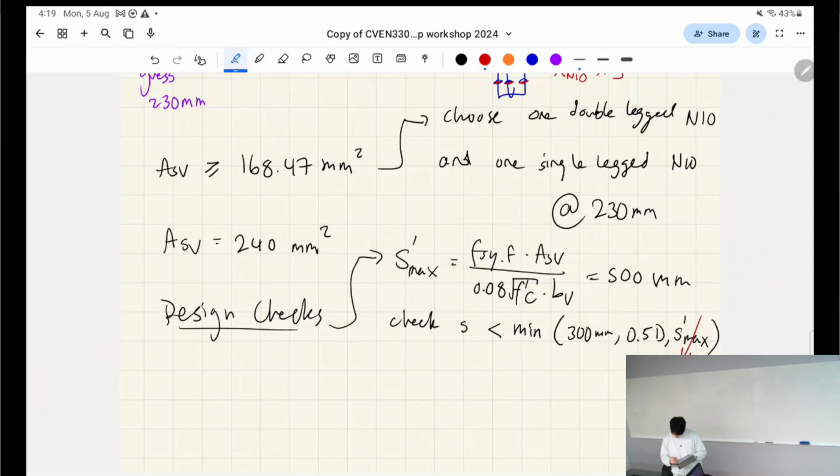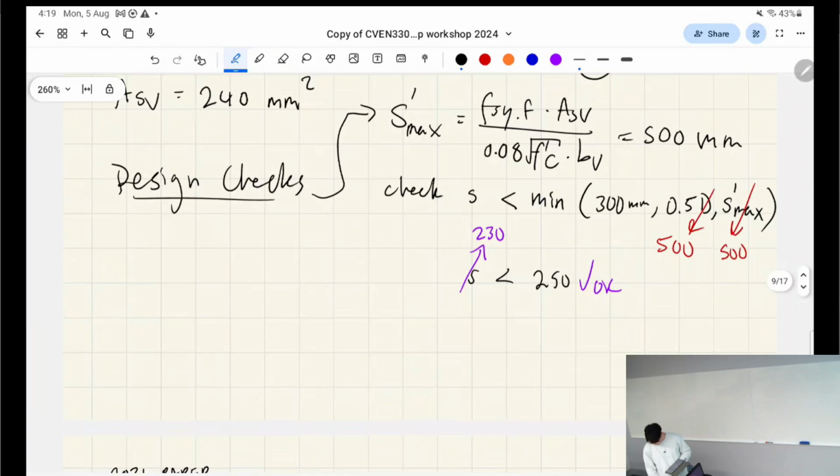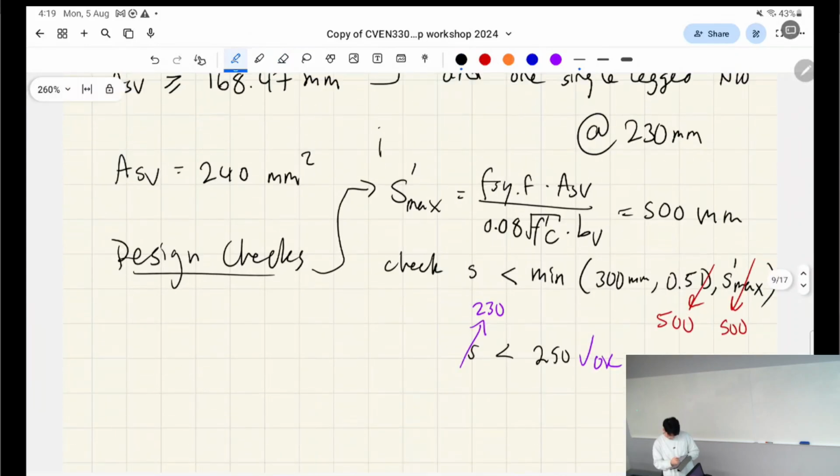So that's 500, 300, and that was also 500, right? So the minimum number is going to be 250, right? So S has to be less than 250, and it was 230, so that's good, right? Okay, great. Let's call that check 1.